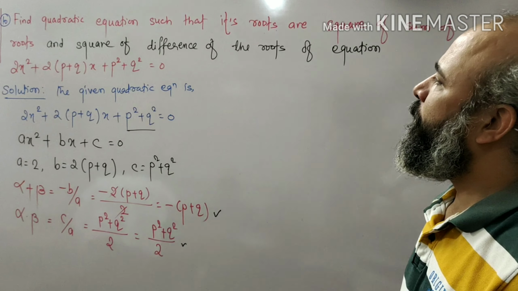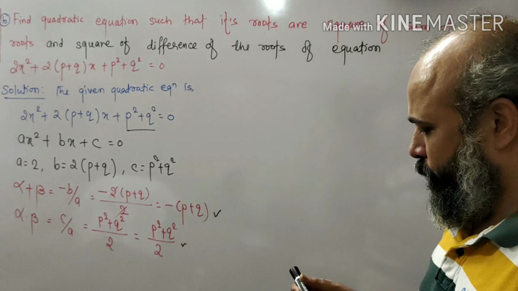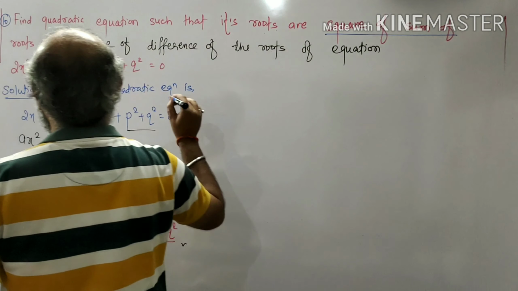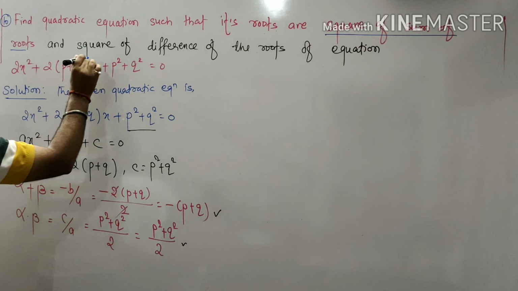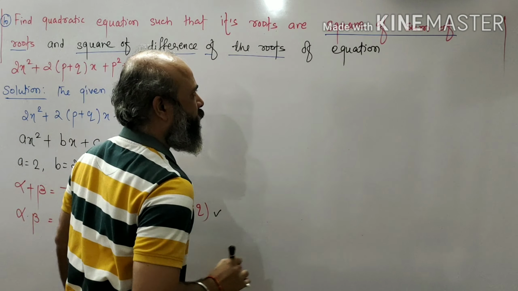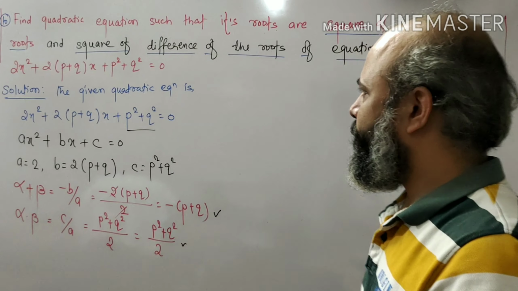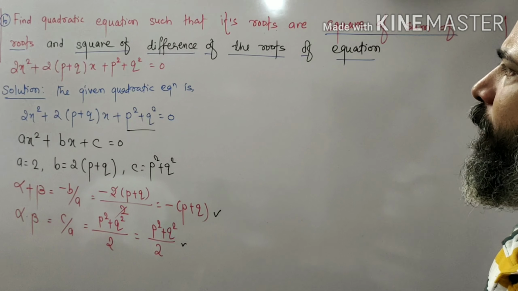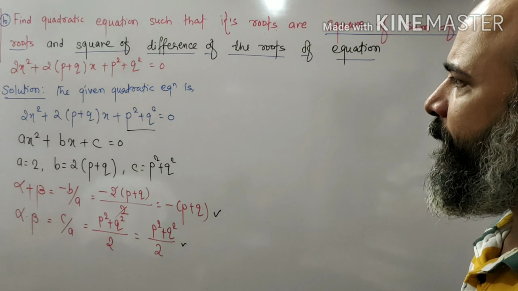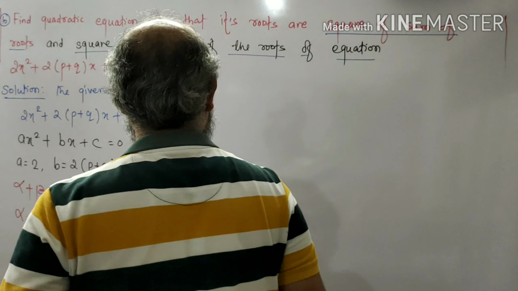Now we have to find the quadratic equation whose roots are the square of the sum of the roots and the square of the difference of the roots of the equation. We are going to find the quadratic equation whose roots are the square of the sum of roots.